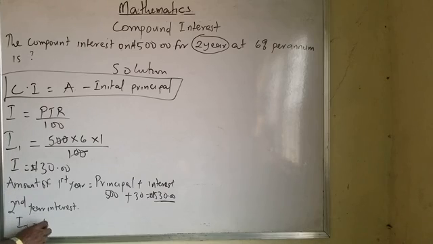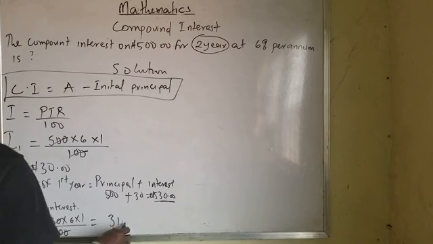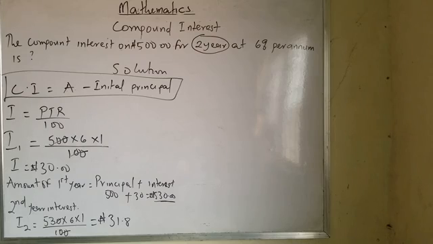Now it means I have 530 multiplied by 6 multiplied by 1 year divided by 100. This will cancel this, and by multiplying them together, it will be equal to 31.8 naira.